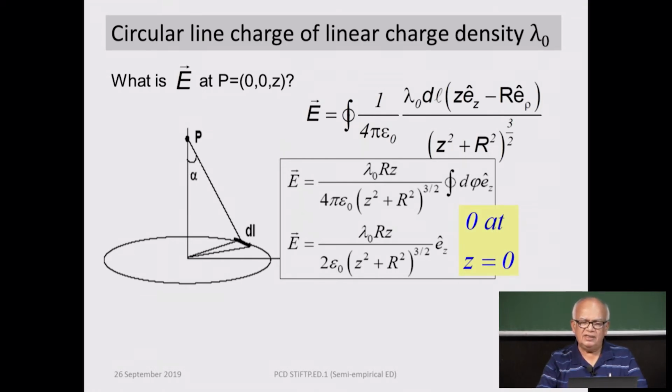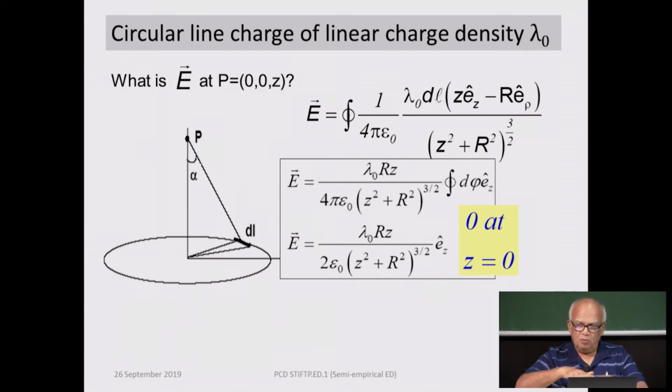You see that this intensity will be 0 in the plane of the circle itself, because opposite elements will exert opposite charges at the center. Okay? Whether they are attractive or repulsive will depend on whether the charges are positive or negative, right? Whether they are like or unlike.